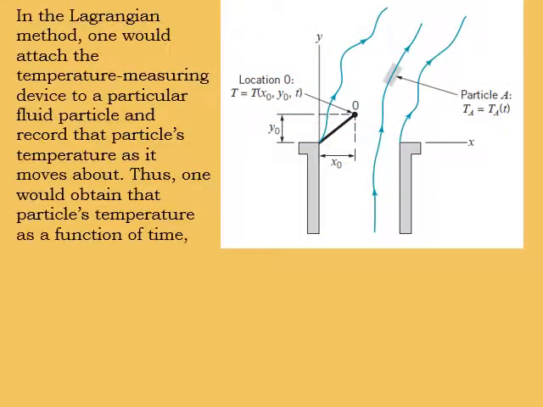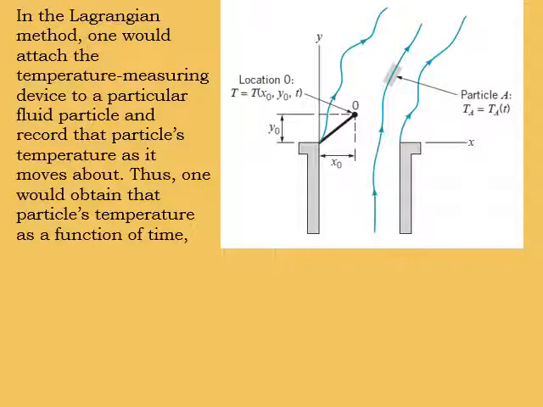In the Lagrangian method, one would attach the temperature measuring device to a particular fluid particle. See here, there is the flow of exhaust gases through this chimney. One temperature measuring device is attached to a particular fluid particle, so you are measuring the temperature of that fluid particle, particle A, at different times.